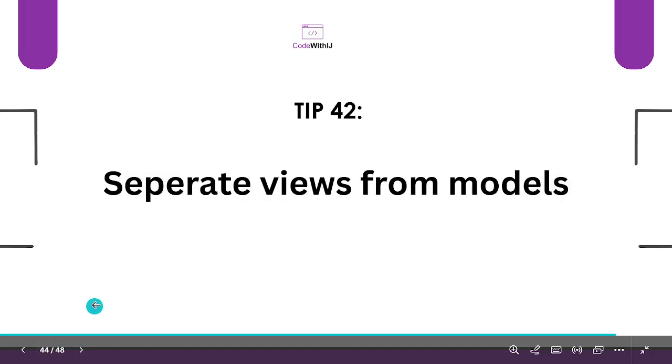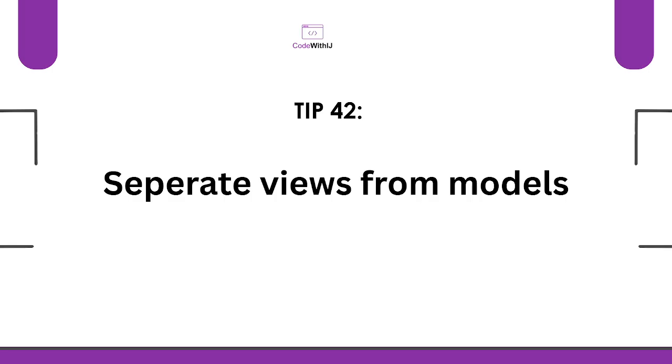So tip 42 says separate views from model. It's going to look very easy to just put a chunk of code in one place, put the business logic in another file, and immediately you are putting a view close to the business logic, or you put all of them together in one file.